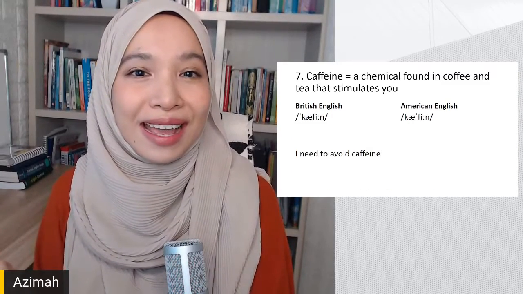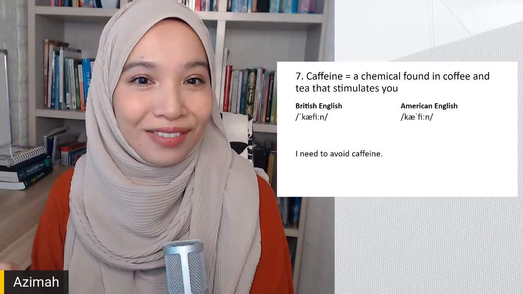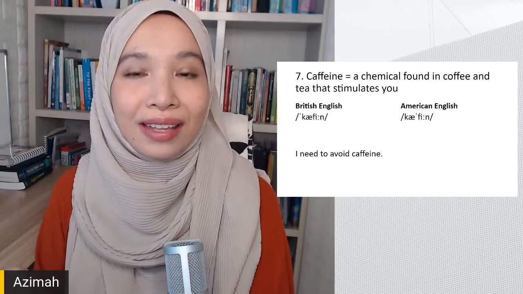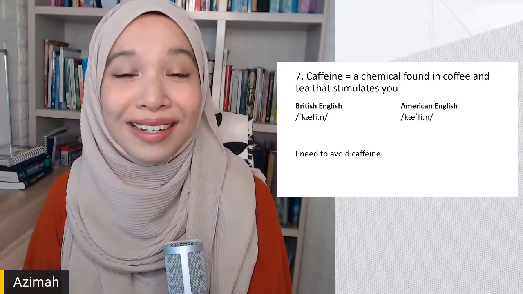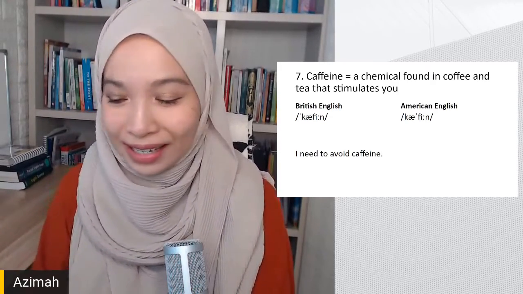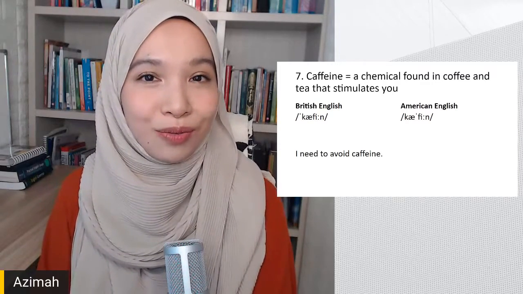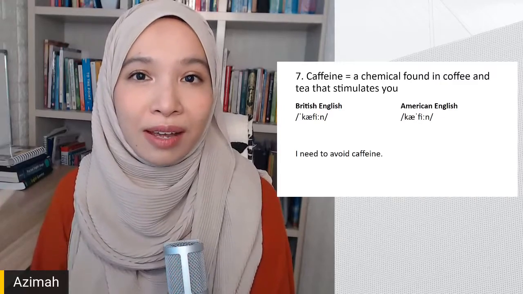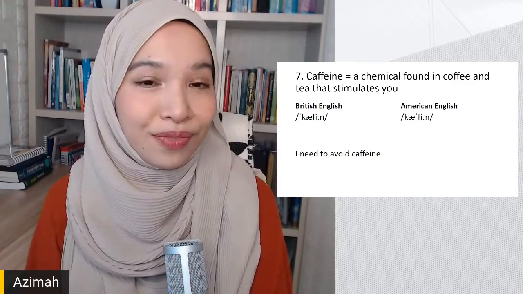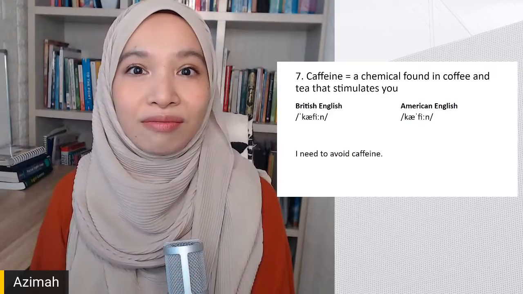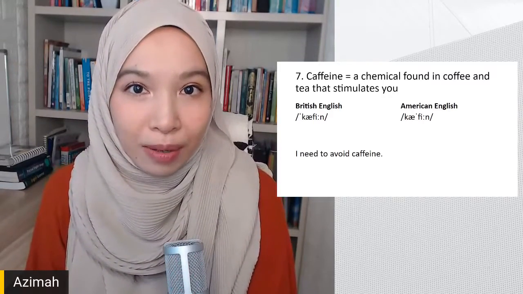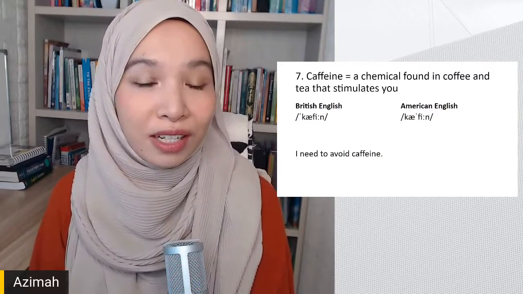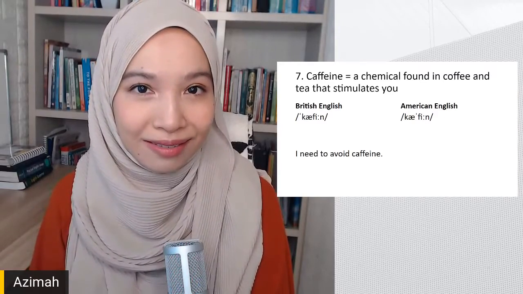Number 7, caffeine, right? C-A-F-F-E-I-N-E. That's a chemical or a drug found in coffee and tea that stimulates you. All right, so normally when I wake up in the morning, I love to grab a coffee because I just love to have a jolt of caffeine in my body. So in British English, the stress falls on the first syllable, caffeine.